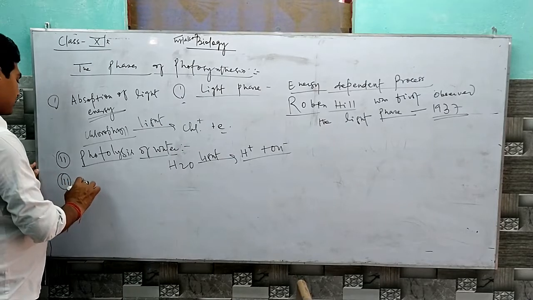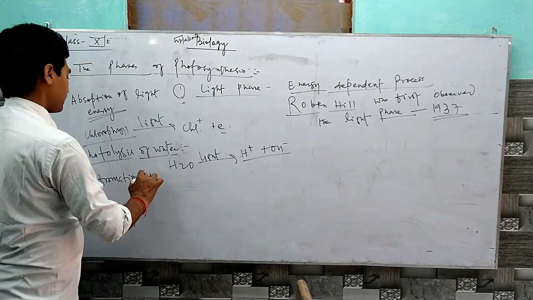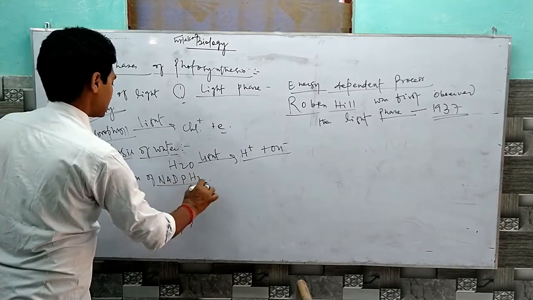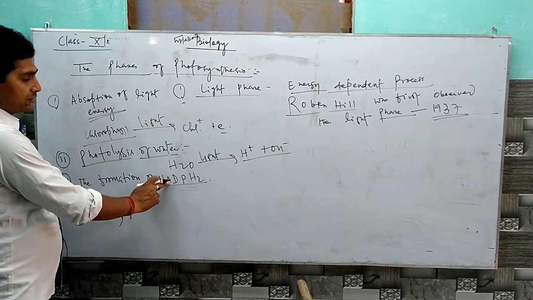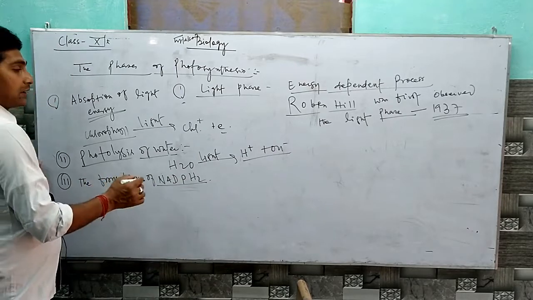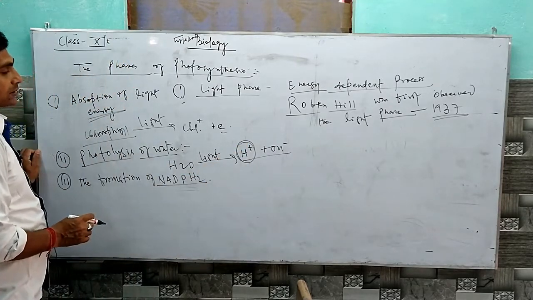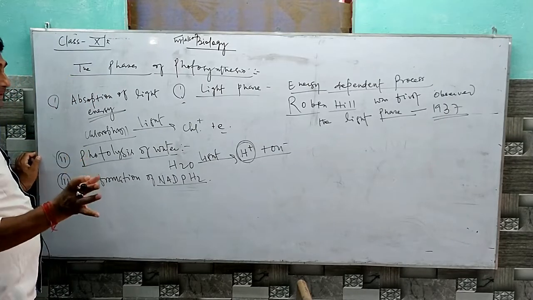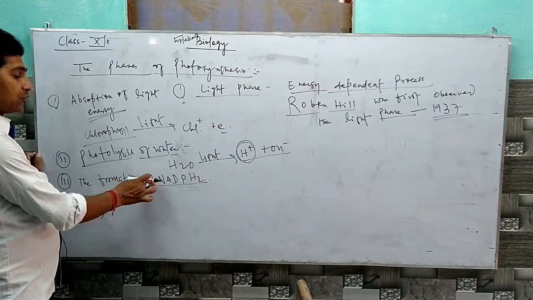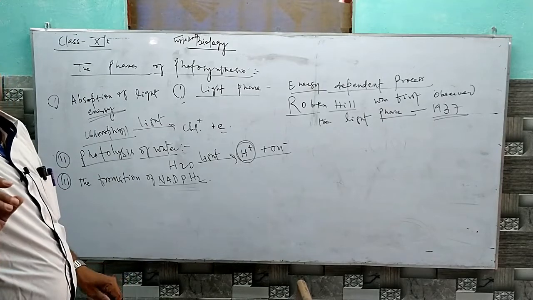Third is the formation of NADPH2. This is the reduced nicotinamide adenine dinucleotide phosphate. The hydrogen ion, which is produced due to the photolysis of water, is picked up by a reducing substance that is called NADP to form NADPH2. NADPH2 is the reducing substance.